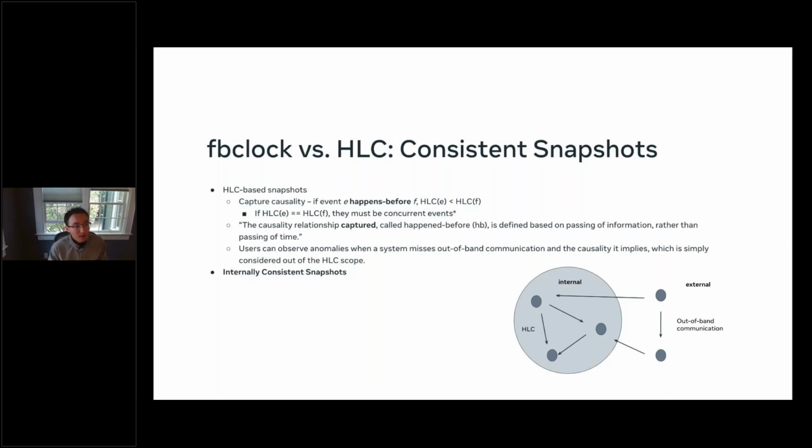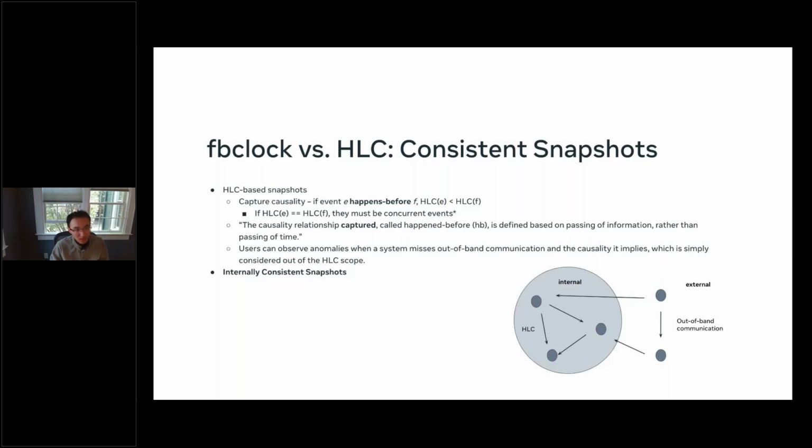So in this case, users can actually observe anomalies when the system misses out-of-band communication. Or even if it's in band, if you never capture it, then there's no happens-before relationship between these two events. That's why I call HLC-based snapshots internally consistent snapshots. They're still very useful, but there are limitations that we want to call out.